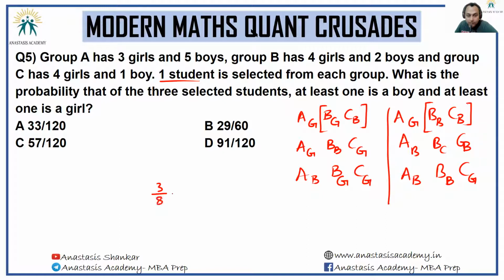3 by 8 into girl from this is 4 by 6 into boy from C is 1 by 5 plus boy from B is 2 by 6 into 4 by 5. Basically 4 and 12. So 12 by 30. 3 by 8 into 12 by 30.